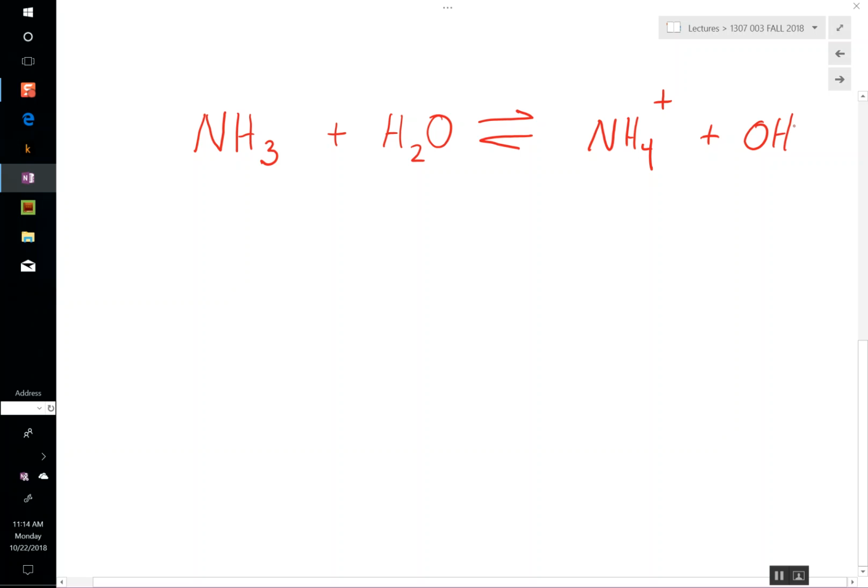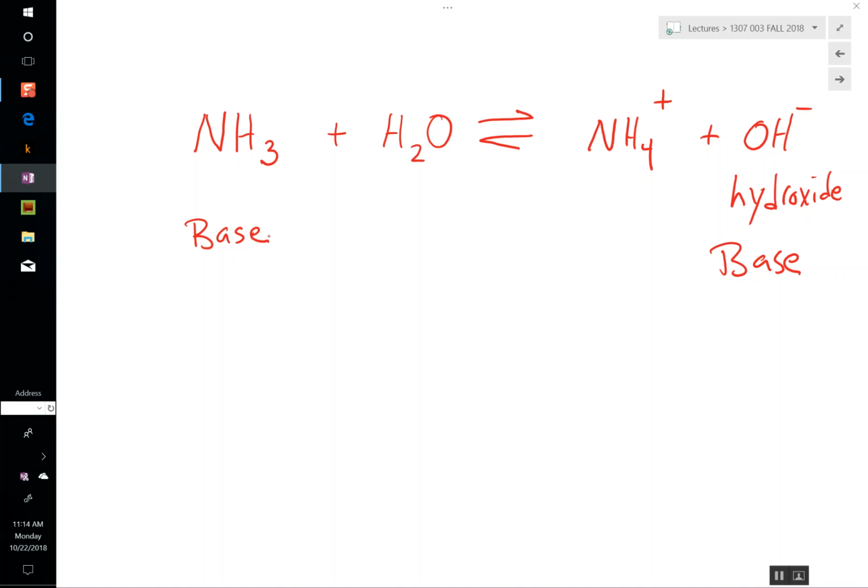And what's its charge? Negative. This is a hydroxide ion. This is a base. So we say ammonia is a base, and it is a weak base because it doesn't do this 100%.